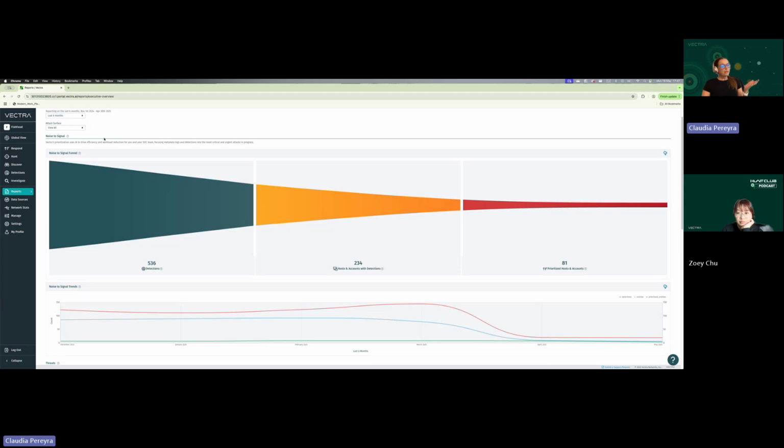So this funnel really represents how the platform transformed this raw activity into actionable insights. Initially, there is this large set of just individual actions. Those are behaviors that here we are calling detections. It's the first part of that funnel.